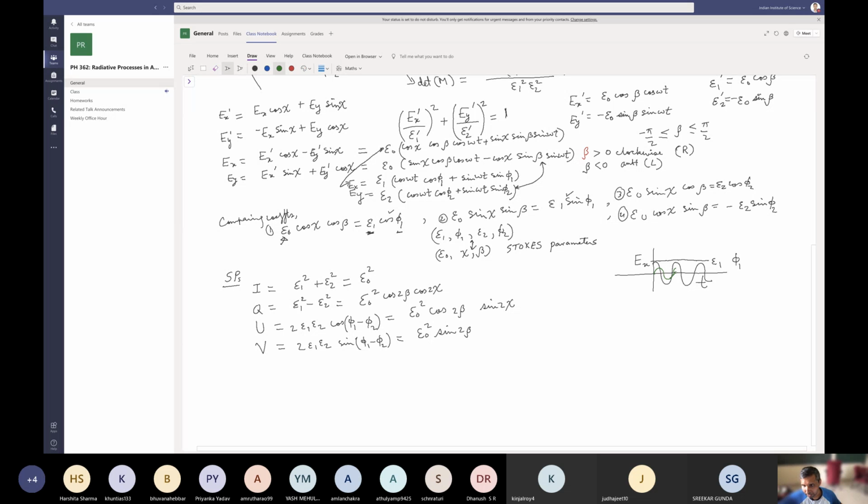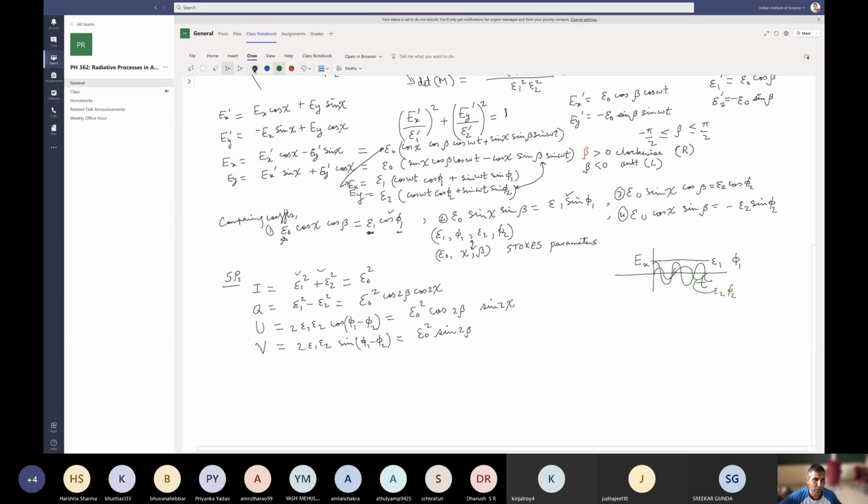From this wave, you can measure epsilon 2 and phi 2. So all these things are measured quantities, and you can calculate all these from your measurements of the polarized monochromatic wave.